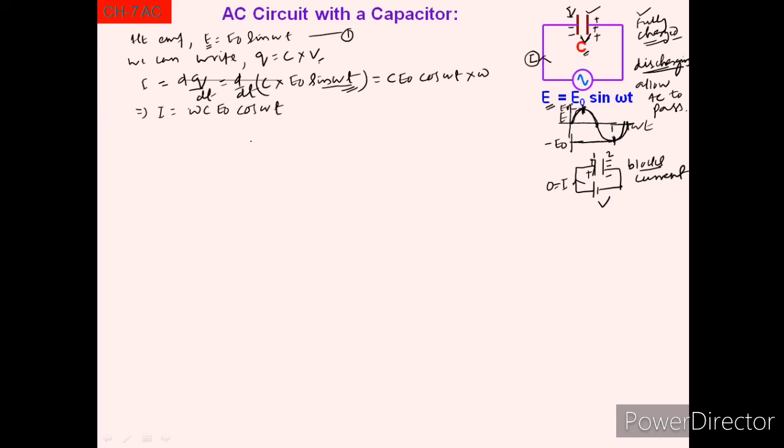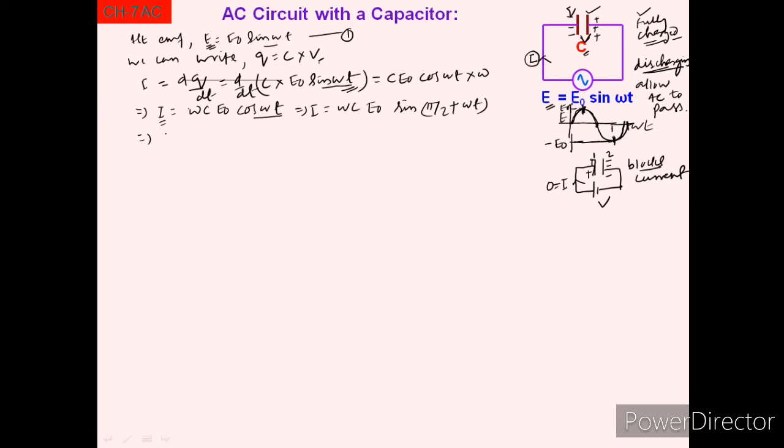cos omega t. Now to compare the electromotive force and current in the capacitor, let's change this cos omega t into the form of sin omega t. So I is equal to omega C E naught, then cos theta can be written with the help of sin: sin(90 plus theta) is equal to cos theta.